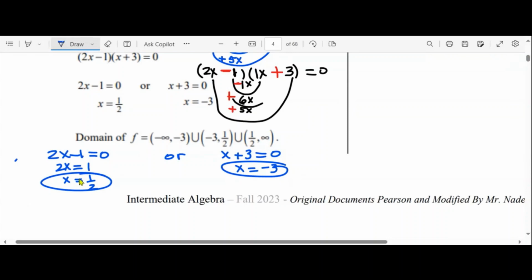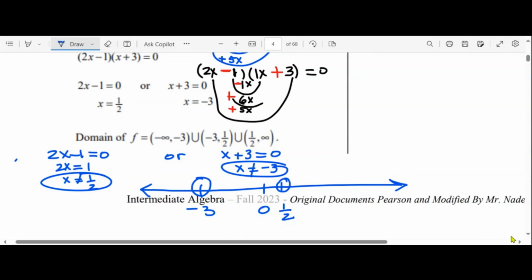Now you promise me, this should not be equal. So if you graph this on the number line, how is it going to look? 0 here, -3 here, and where is half? Half is here. You cannot use half and -3.